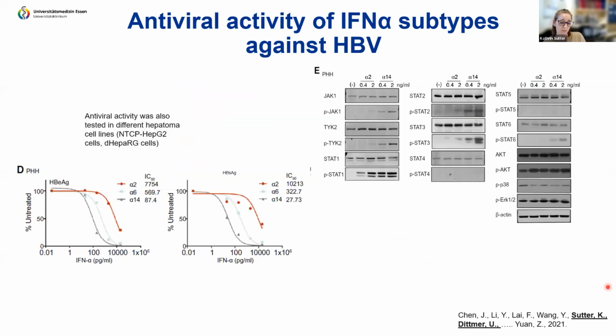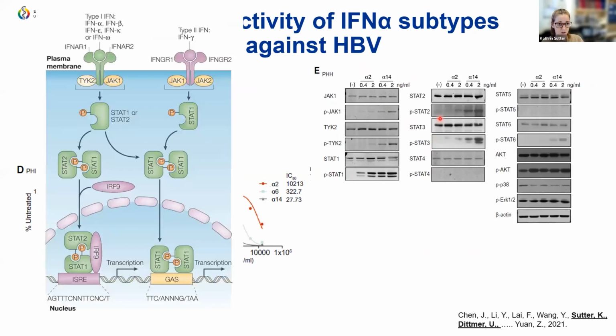And there was something which is really interesting, and I don't want to go so much into detail, but I told you that interferon can also activate a lot of different downstream signaling events. And I showed you that the main pathway, and I can just show it here again, is here STAT1, STAT2. This leads then to binding to this ISRE, and then we have the transcription of the interferon stimulated genes.